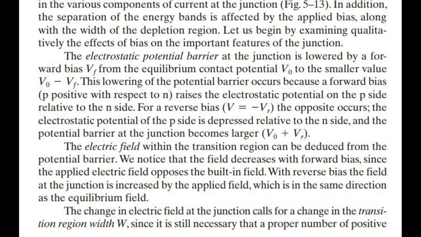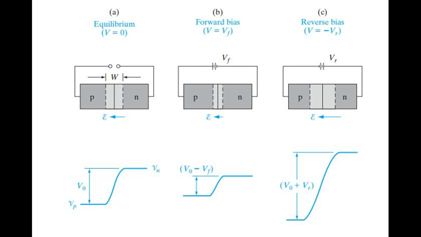The electric field within the transition region can be deduced from the potential barrier. We notice that the field decreases with forward bias, since the applied electric field opposes the built-in field. With reverse bias, the field at the junction is increased by the applied field, which is in the same direction as the equilibrium field. The change in electric field at the junction calls for a change in the transition region width W, since it is still necessary that a proper number of positive and negative charges, in the form of uncompensated donor and acceptor ions, be exposed for a given value of the field.